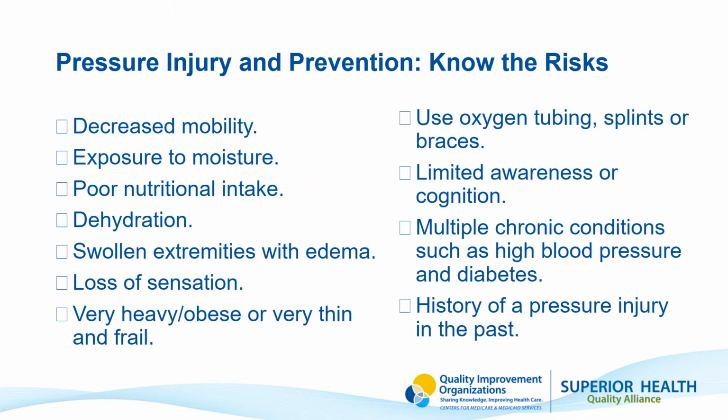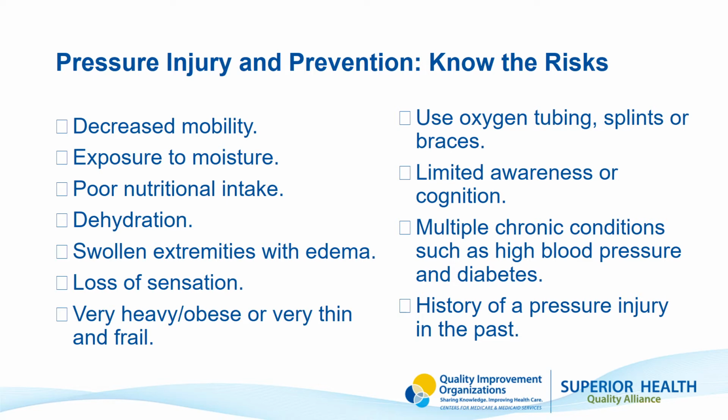As mentioned in Section 2, residents can be at a higher risk of developing a pressure injury for a variety of reasons. Before we discuss prevention in more detail, let's review the risks residents commonly have for developing a pressure injury. The aging process itself can cause older persons to have fragile, thin skin that can be easily injured.